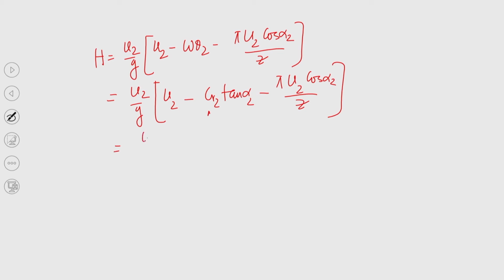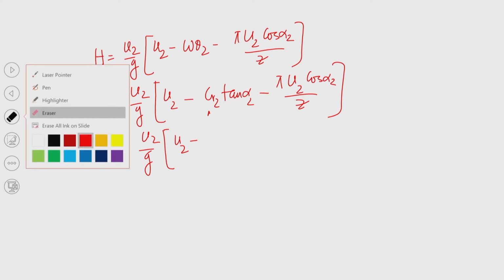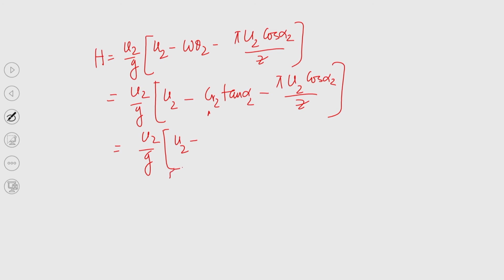I can write one step further: U2 by G into U2 minus, CR2 equal to Q by pi d2 b2, into tan alpha 2, minus pi u2 cos alpha 2 by z.